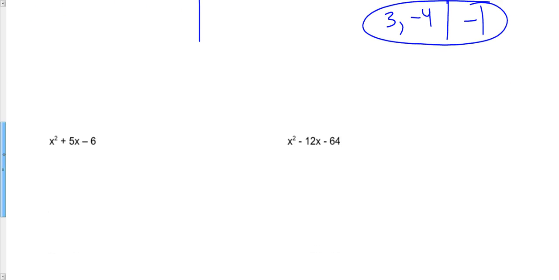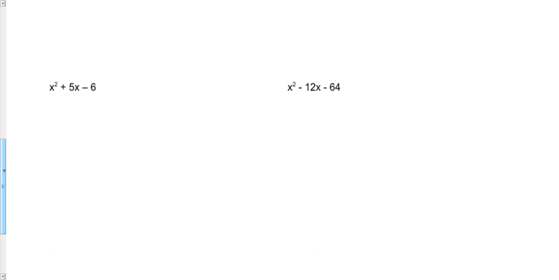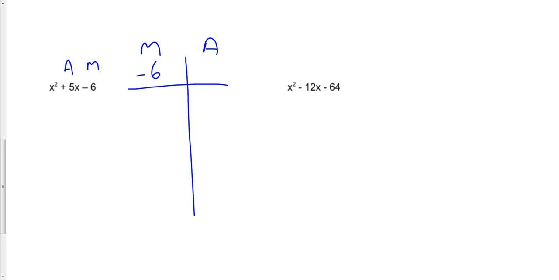The next example, I've got two more to do. I've got two numbers here that are going to multiply to negative 6, but they're going to add to positive 5. So 1 times negative 6 is negative 6. 1 plus negative 6 is negative 5.